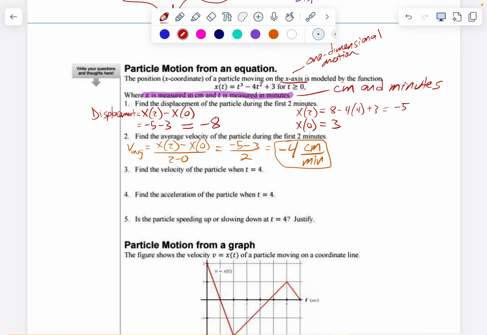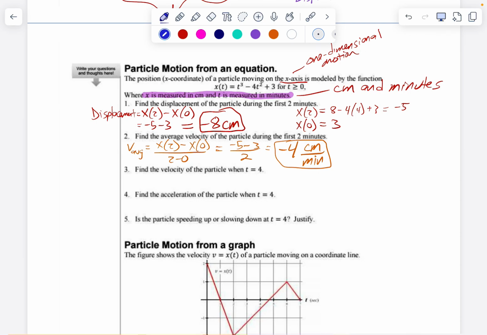So what is the unit for our displacement? Just centimeters, right? How far are we from our start? When you say how far, that's like a length, so centimeters in this case. All right, find the velocity of the particle.